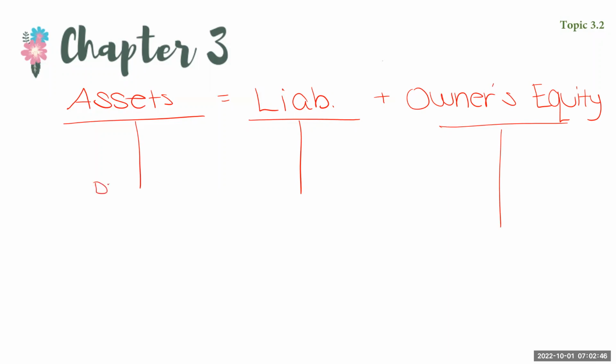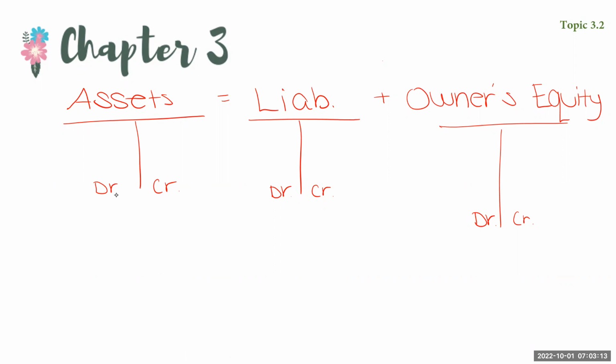We remember there is a left side and a right side of the T account. Now we're going to see that certain accounts are going to increase on the left side. Certain accounts will increase on the right side. I like to think that we just start with the left side of the accounting equation and say, okay, you're on the left side.